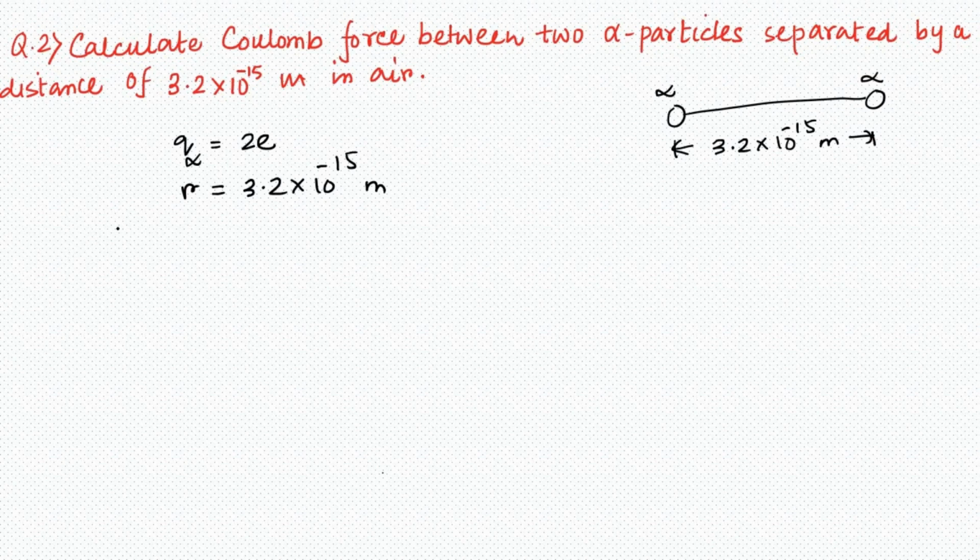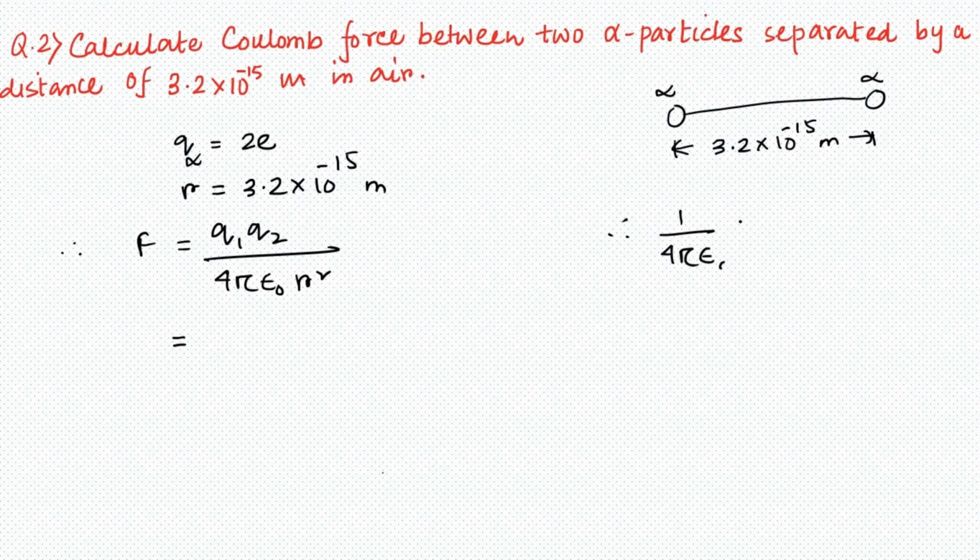And from Coulomb's law we know that Coulomb force F is equal to Q1 Q2 divided by 4 pi epsilon naught r square, where epsilon naught is the permittivity of free space, right? Now this 1 by 4 pi epsilon naught has a value which is equal to 9 into 10 to the power 9 Newton.